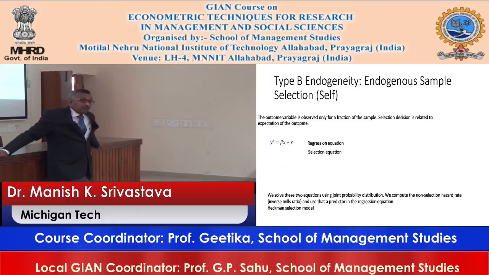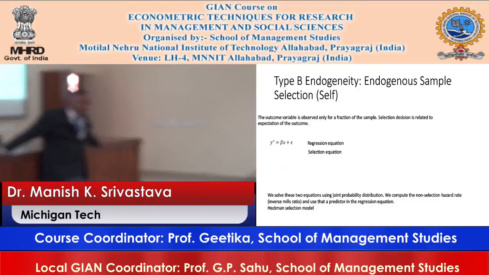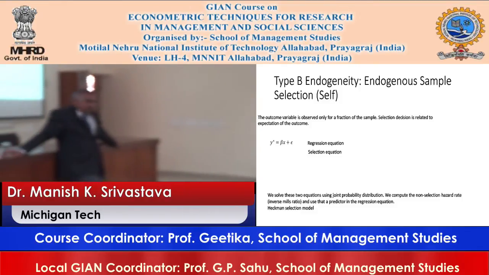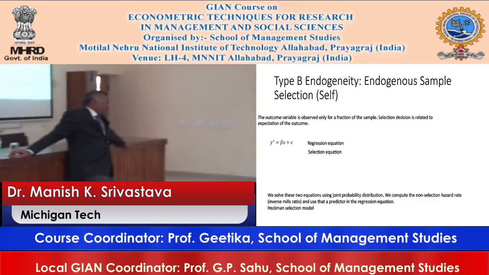So the way Heckman identified it, the underlying logic was this. Probably the women who are not participating in the labor market are expecting that if they become part of the labor market, their wage may be less than what they want.